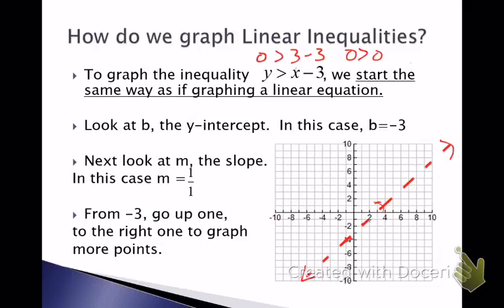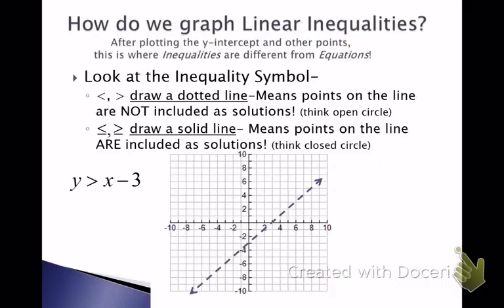But we still need the line because it creates a border between solutions and not solutions. Here's that graph again. The difference between a solid line and a dotted line is simply that. If the points on the line are not a solution, we dot the line. If they are, we make it solid.